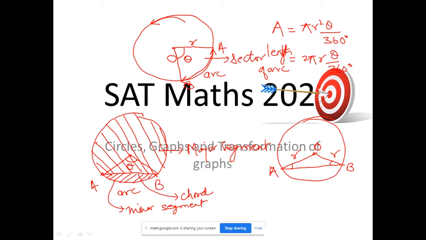Utilizing the property of an isosceles triangle, if we drop a perpendicular from center O to the line AB, then the perpendicular would bisect the chord AB.